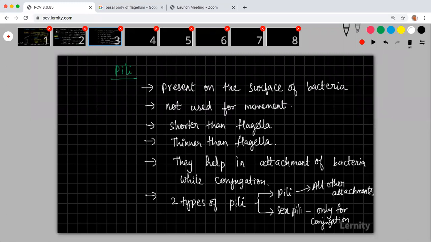So you have this thing which is called as pili. Okay, singular is pilus.